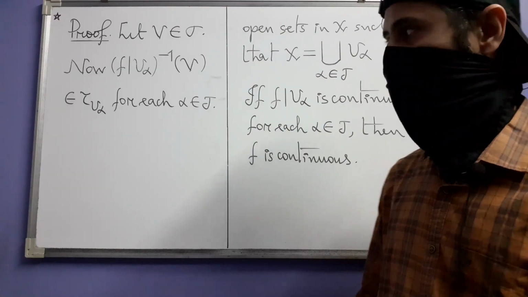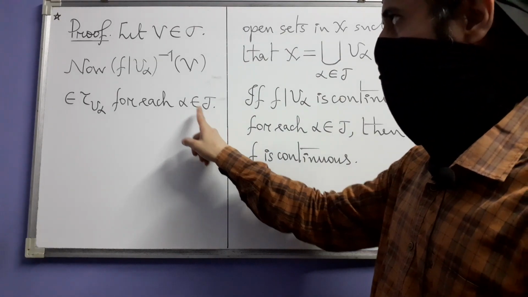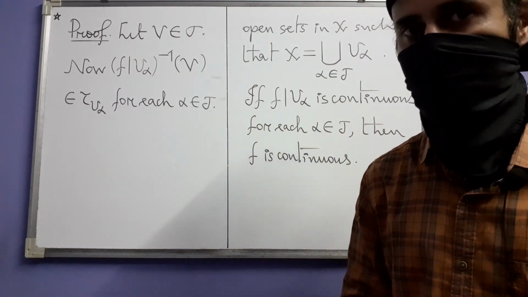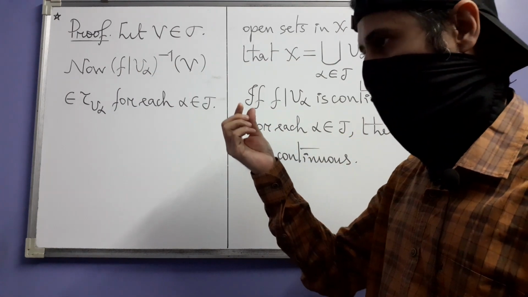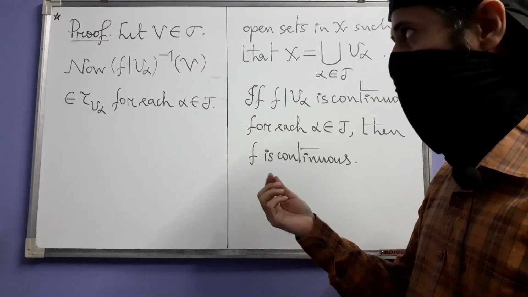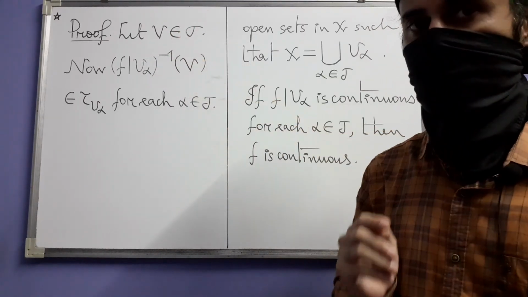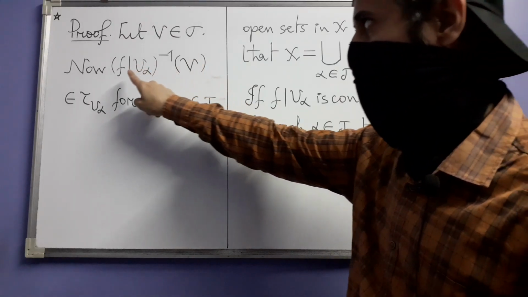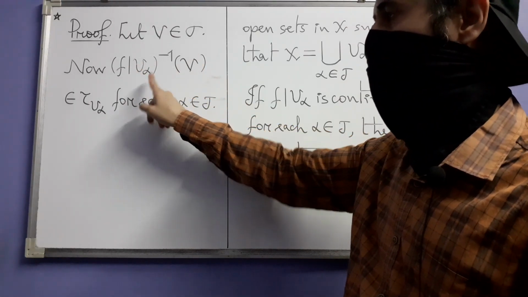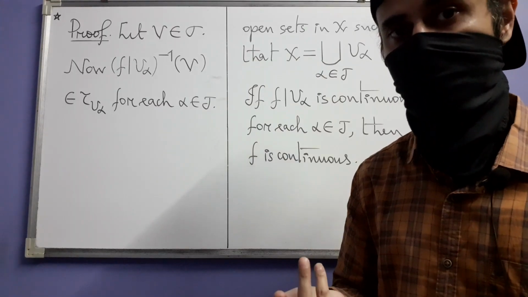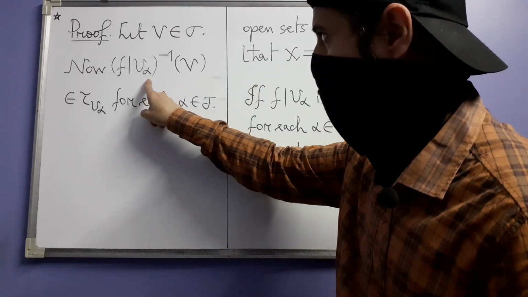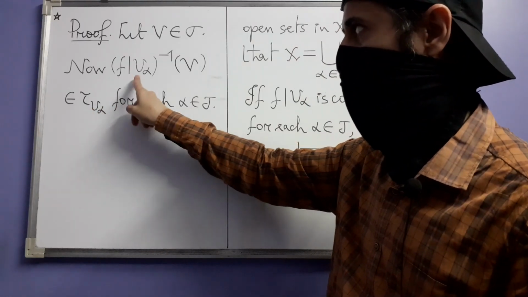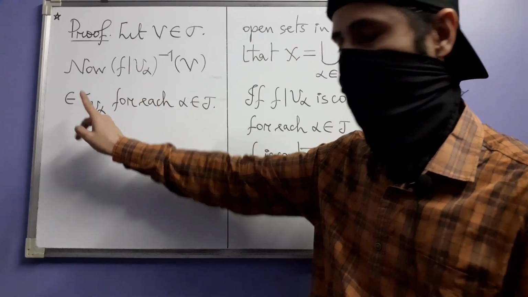Now for each index alpha in J, this restriction f restricted to U alpha is continuous, which is a function from U alpha into Y, and V is an open set in Y. So the inverse image of this open set under that restriction will be open where? In the space U alpha, whose topology is the subspace topology that U alpha inherits from tau.